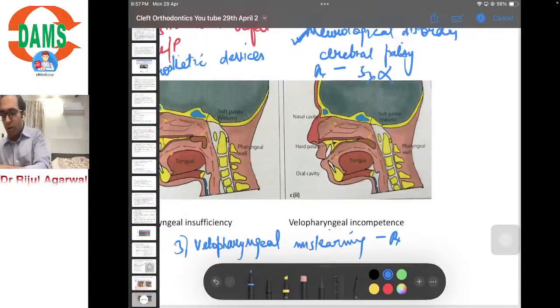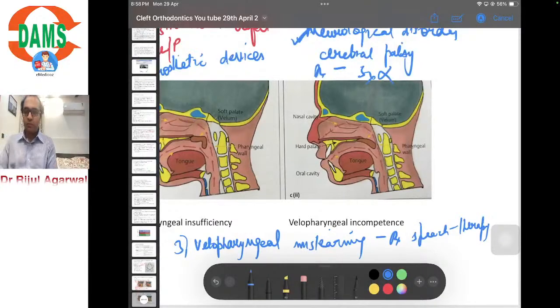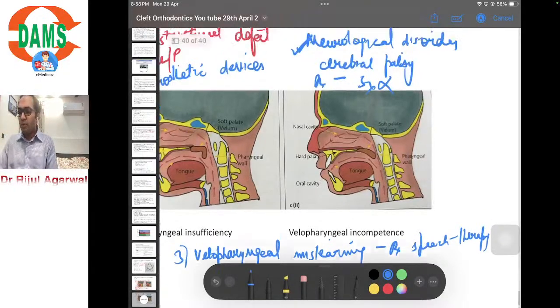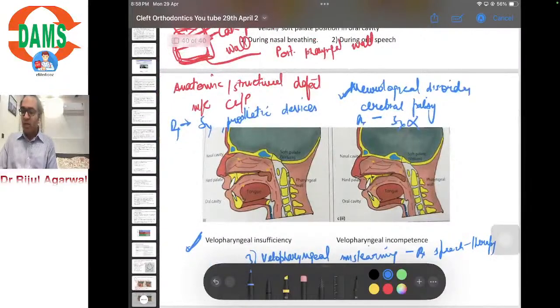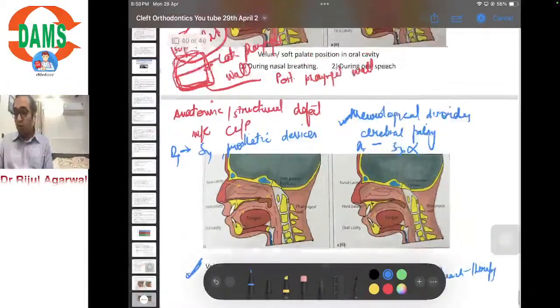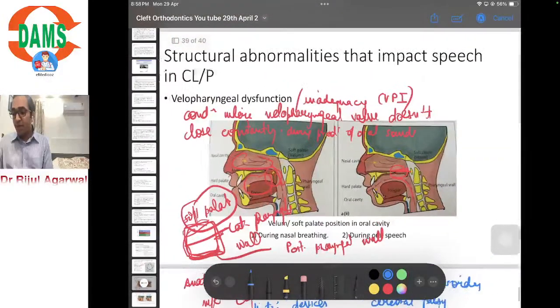The treatment is speech therapy in this case. Okay, I hope these three are clear: velopharyngeal insufficiency, velopharyngeal incompetence, and velopharyngeal mislearning. These all three come under the broad category of velopharyngeal dysfunction or inadequacy.